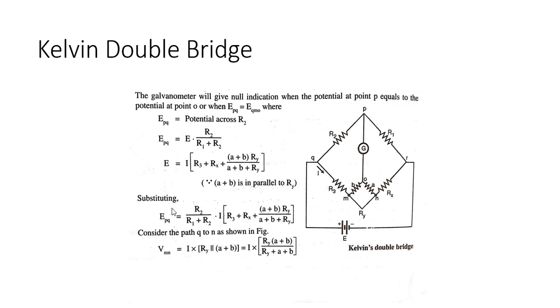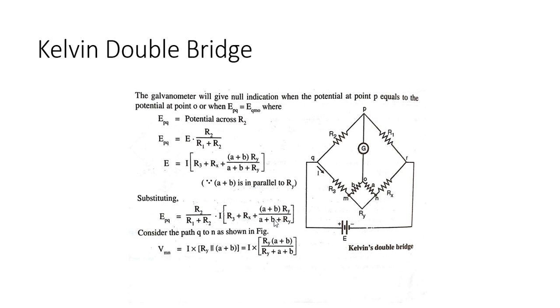So here if you substitute the value of E in this equation, I will get an equation something like this. Okay, so what we have done, just we have taken this whole equation and we have put it over here in the place of E, and we are getting an equation like this.